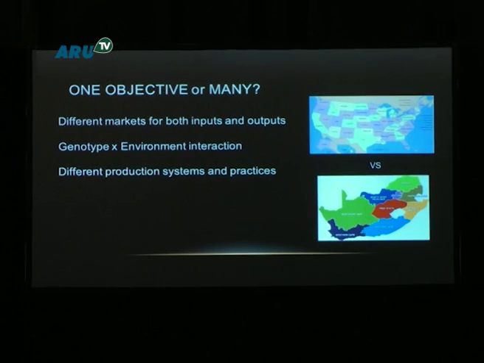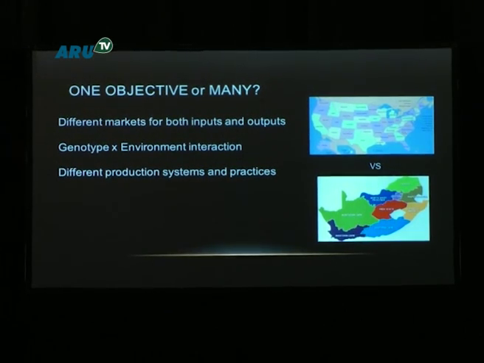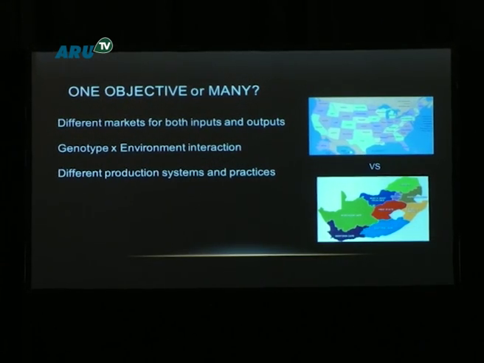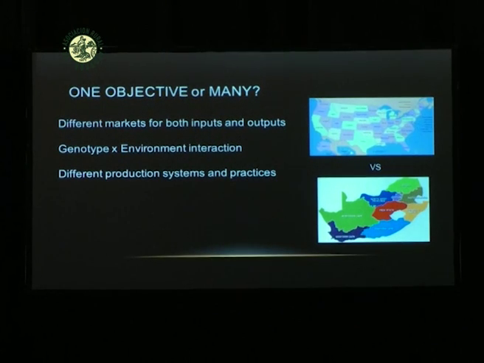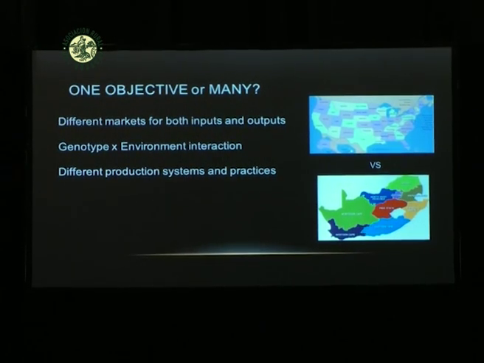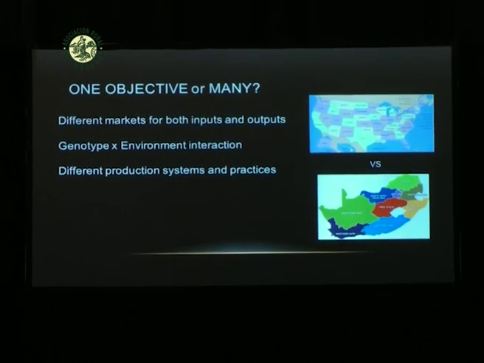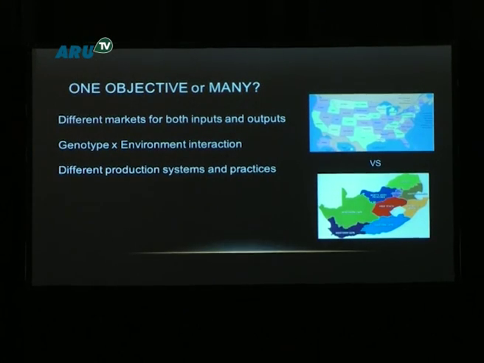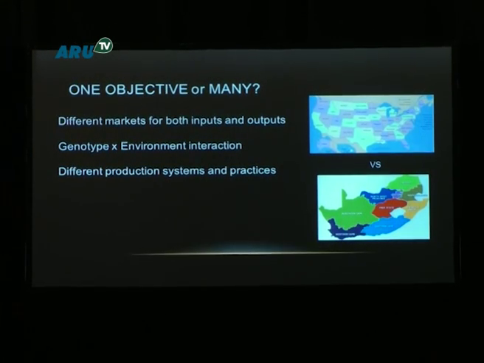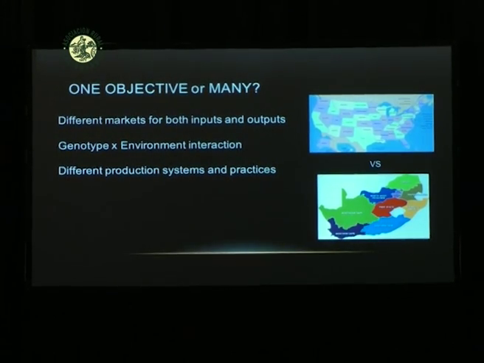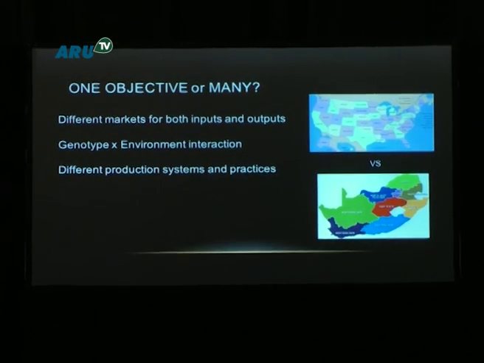Obviously, vast potential for genotype by environment interaction between the two countries, and so on. So the breeding objectives for the two countries have more or less maximal opportunity to be different. And yet, if we look at the genetic correlation between those objectives, that genetic correlation is 0.68. Quite high.